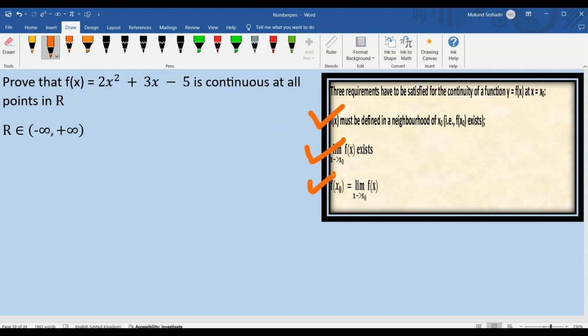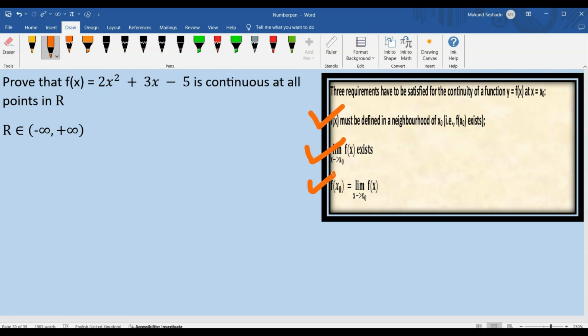And thirdly, the f of x naught in condition 1 and the limit as x tends to x naught in condition 2 both will have to match and be equal. So these are the three important conditions to be satisfied for the continuity of a function y equal to f of x at x equal to x naught, right?